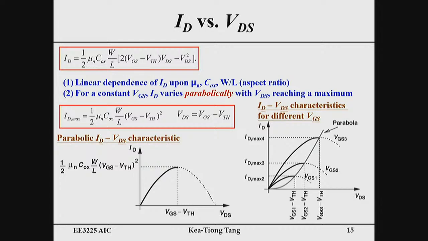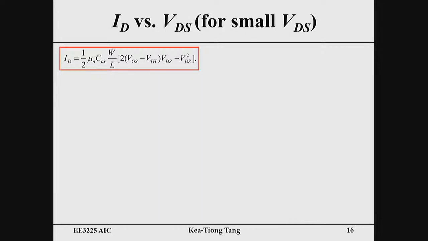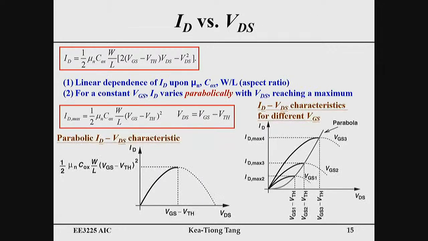Okay, so it's a square law. It's a square relationship between the gate voltage and the drain current. So the first thing we know here, the drain current depends on the square of the gate voltage.